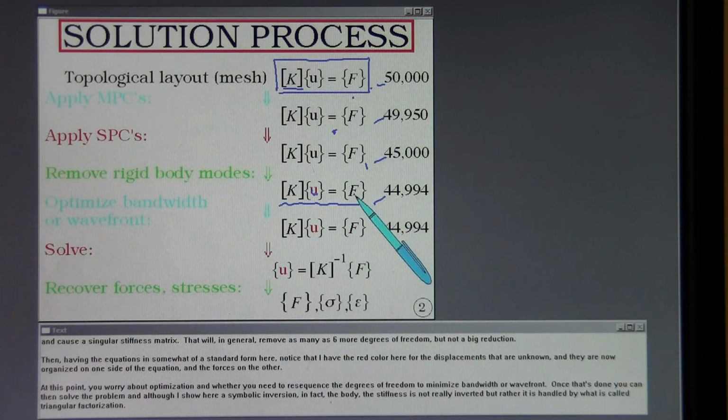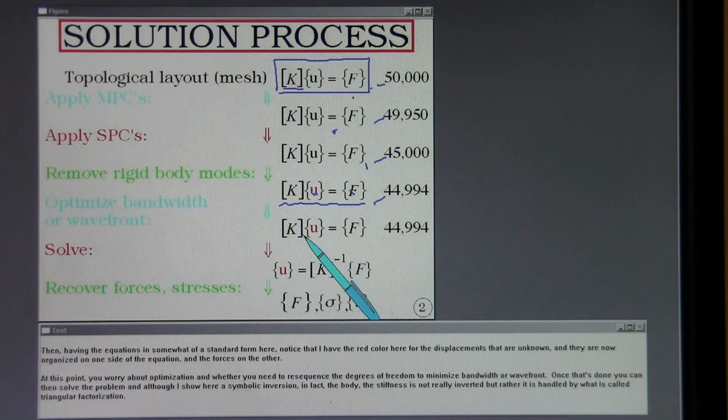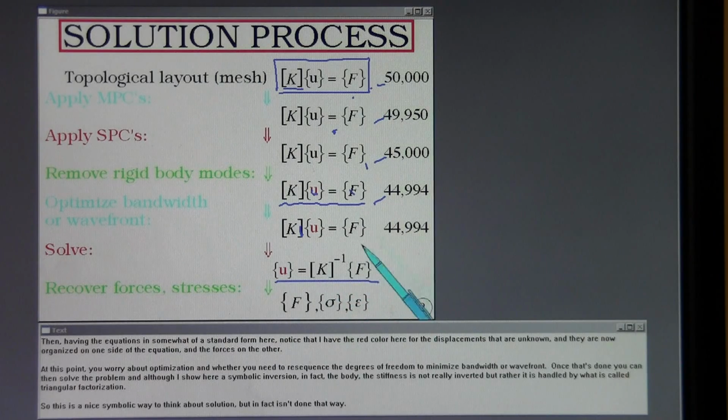At this point, you worry about optimization and whether you need to resequence the degrees of freedom to minimize bandwidth or wavefront.